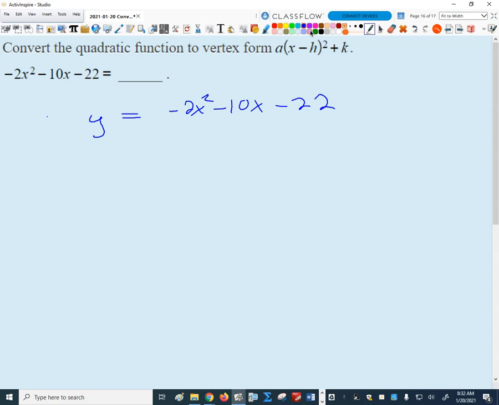First, we've got to add 22 to both sides. Cancel that. And we get y plus 22 equals negative 2x squared minus 10x. That's got to be an x squared. So we're going to have to get rid of that coefficient of x squared by dividing it away from both sides.